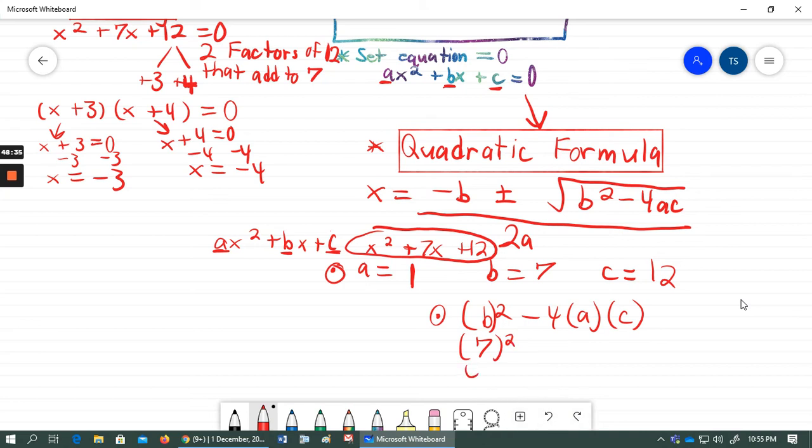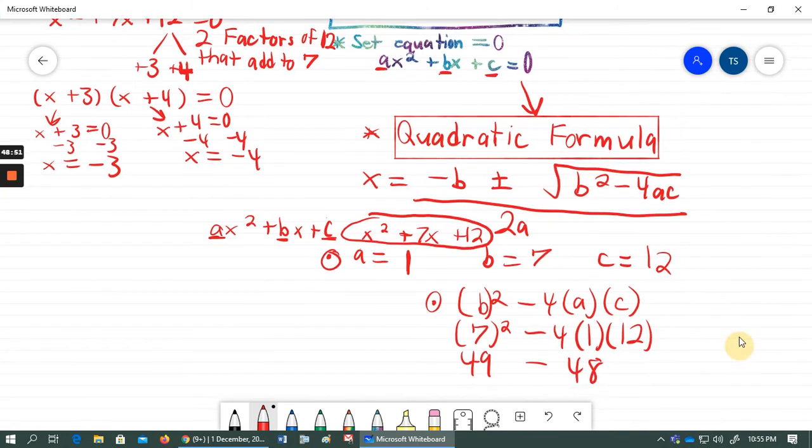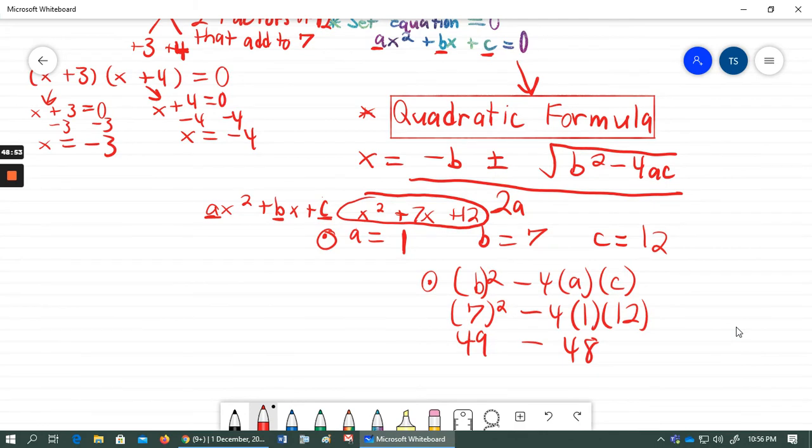Then 4 times 1 times 12 is 48. And 49 minus 48 just so happens to be 1. This was the part up under the square root.